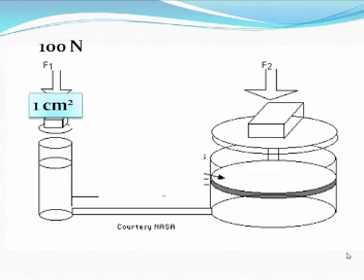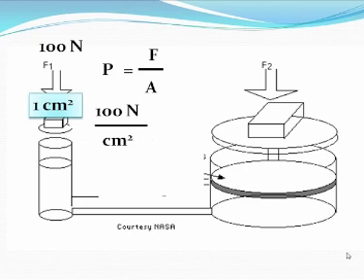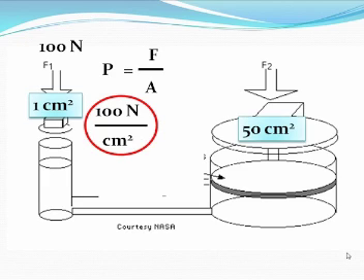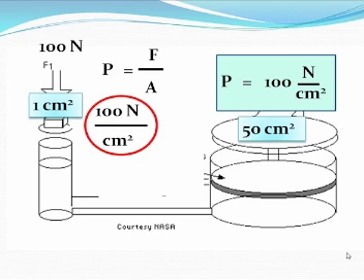That's the area. Well, the pressure is force over area, 100 newtons per centimeter squared. And that means that that pressure is now applied undiminished everywhere through that entire little device. So on the other side, if I have 50 centimeters squared as that top, the pressure is still 100 newtons per square centimeter.